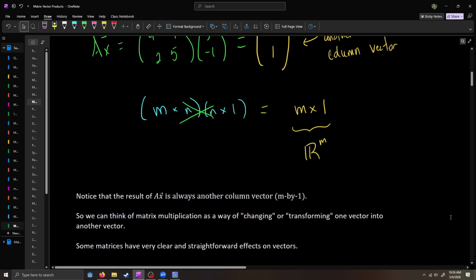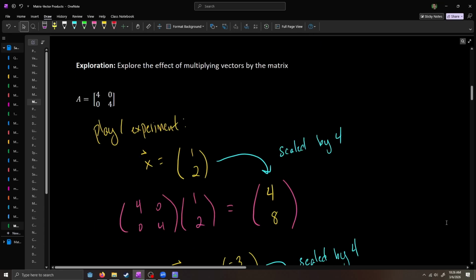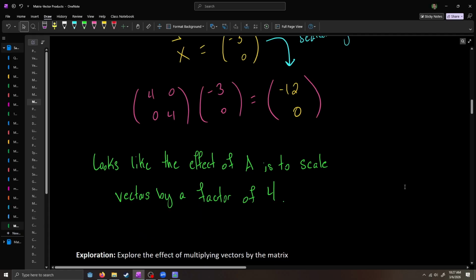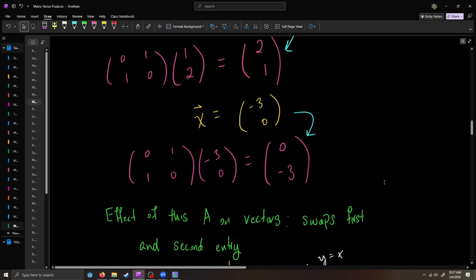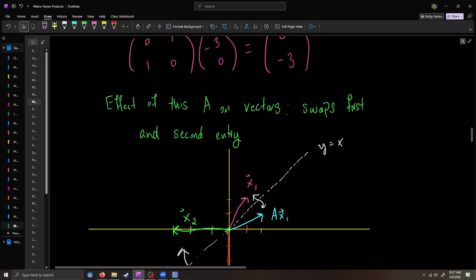Now, some special matrices have very clear, straightforward effects on vectors. For example, our matrix here with 4s on the diagonal had the effect of scaling vectors by a factor of 4 and making them 4 times longer than they were originally. This matrix here with 0s on the diagonal and 1s on the off diagonal had the effect of reflecting vectors over this diagonal line.